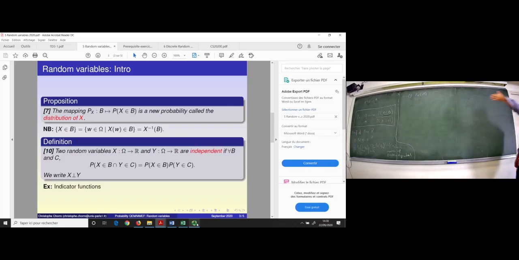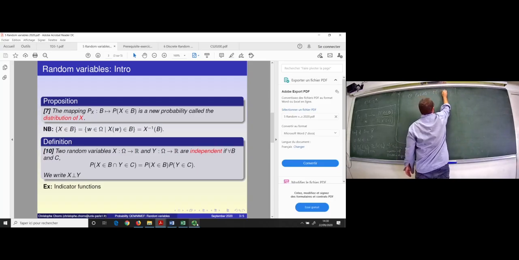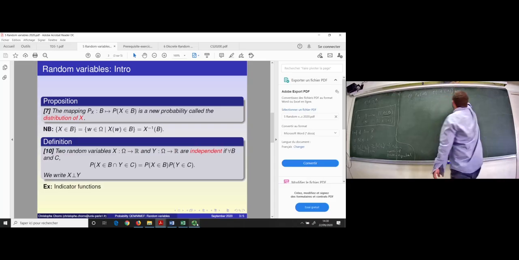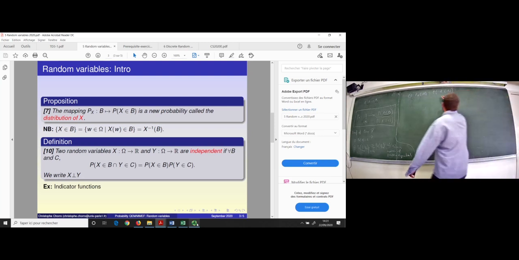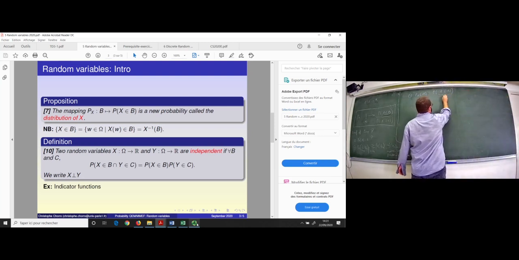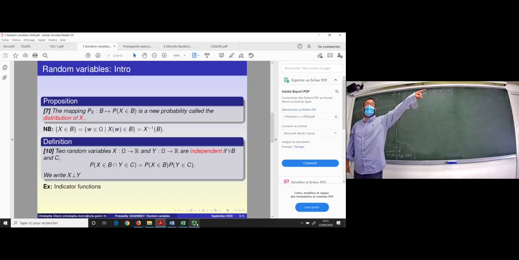Okay, by definition, it's the probability of X minus 1 of R. We have seen together previously that X minus 1 of R is equal to what? Omega. This is equal to omega. And what is P of omega? 1, because P is a probability.